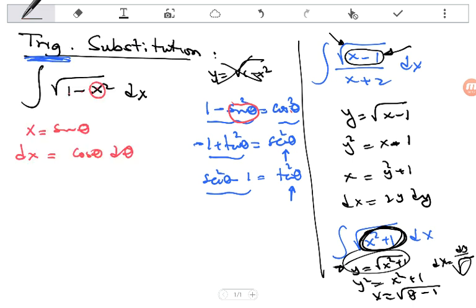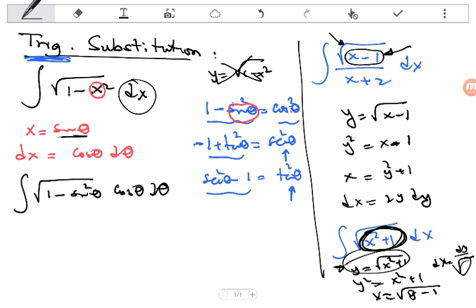So this integral will be the integration of root 1 minus sine squared theta. I removed the x and substituted it by sine theta. Now I have to remove the dx and substitute it by cosine theta d theta.